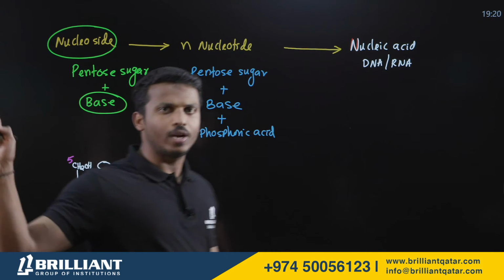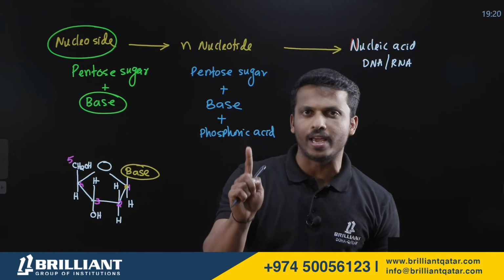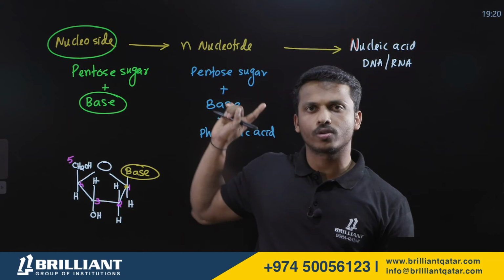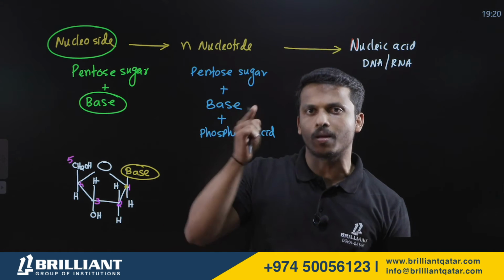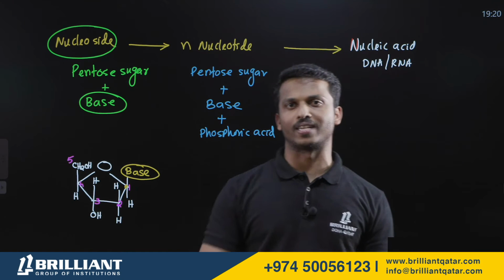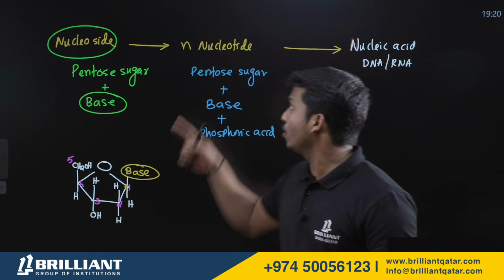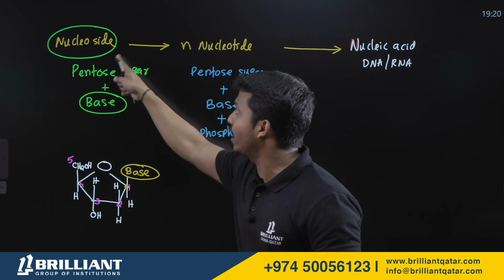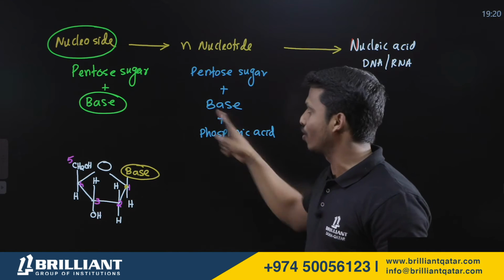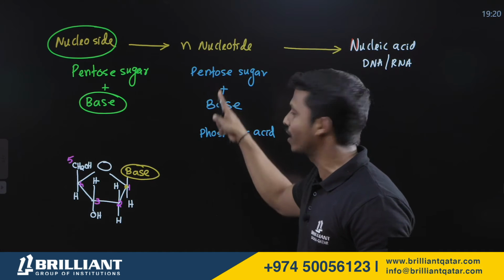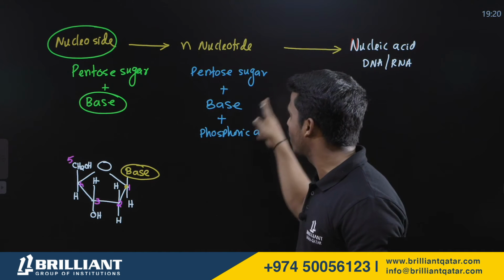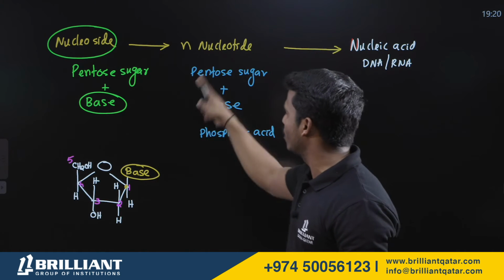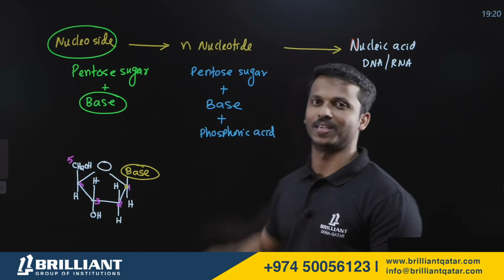So nucleoside contains pentose sugar and base only. Nucleotide contains pentose sugar, base and phosphoric acid. So can I call nucleotide a nucleoside with the phosphoric acid? Because nucleoside means pentose sugar and base, right? These two are the nucleoside, with the phosphoric acid.